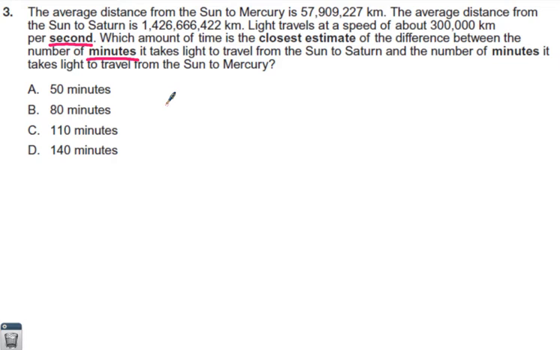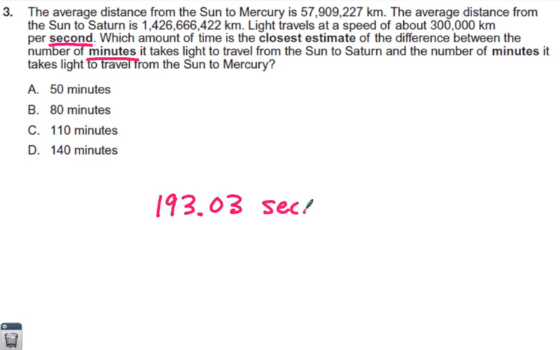So here we go. 57,909,227 divided by 300,000. And so from the Sun to Mercury would be 193.03 seconds. Okay?